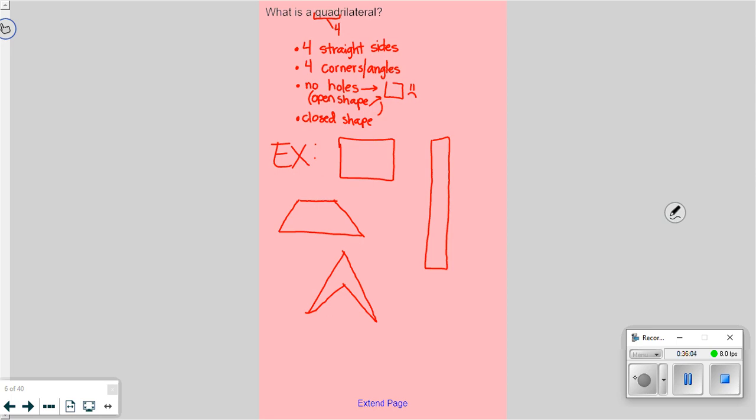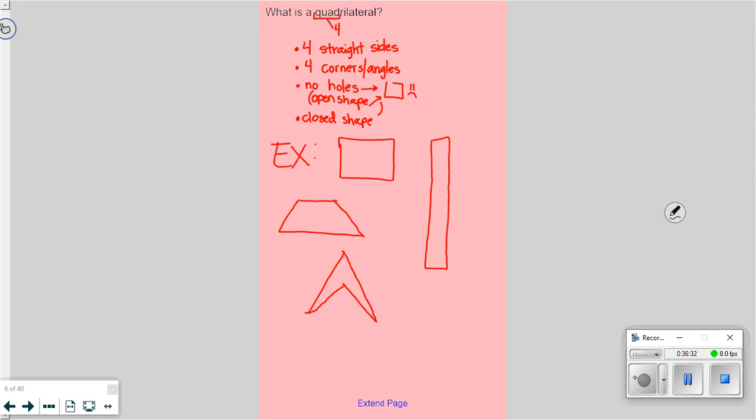Looks very pointy. Is it a quadrilateral? What do we think? Huxley, what do you think? Yes or no? You think yes? Who else thinks yes? Anyone think no? Looks kind of pointy. Might not be a quadrilateral.